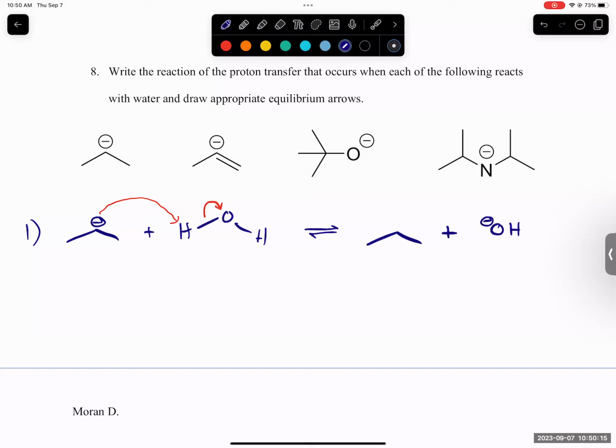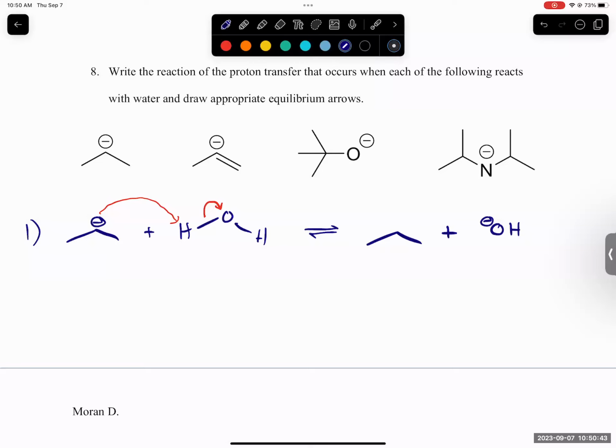Okay, so now we are asked which way equilibrium favors. And we know that equilibrium favors the formation of the weaker base or weaker acid. Those two are going to be on the same side all the time. So what are the acids in this problem?